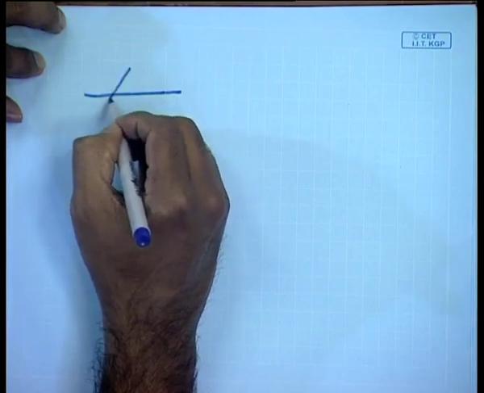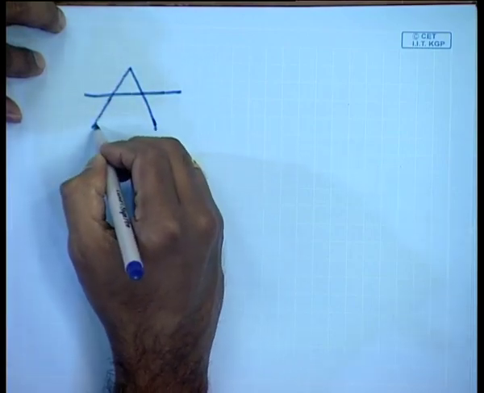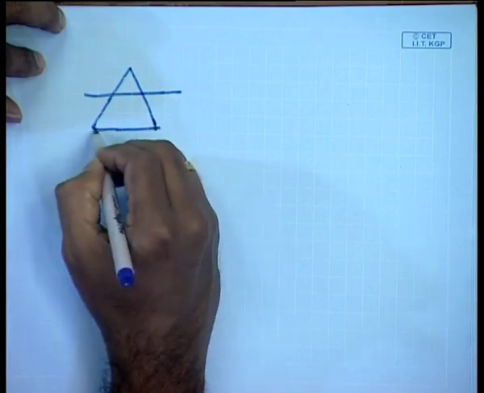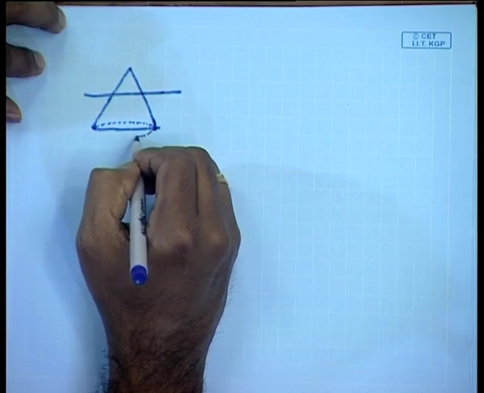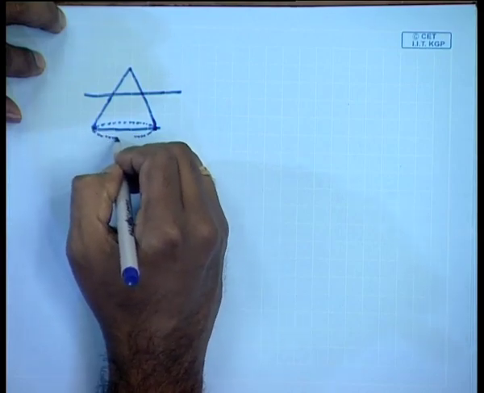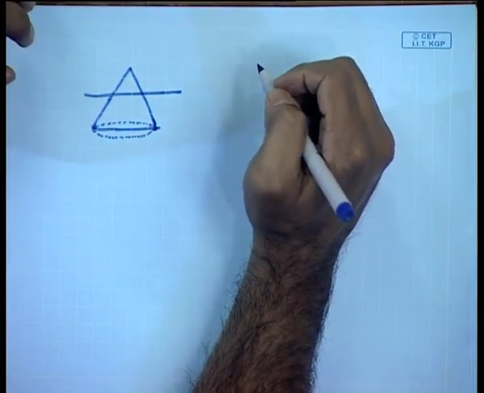Now let us look at another problem which is again similar. It is another cone, but it is floating in the opposite direction, like this. The cone is floating in this condition.